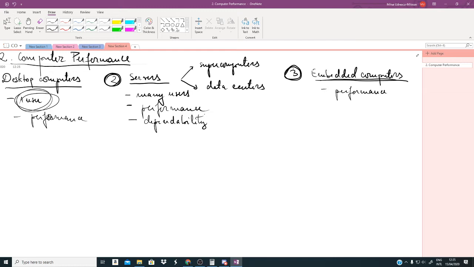One of these attributes for dependability, well, we are talking about maintainability, availability, and so on. But mostly we are talking about reliability. You want your server to be reliable, and this is very, very important. For desktop computers, it is important as a quality indicator. I mean, if your laptop or your desktop computer is reliable, that's a very good thing.